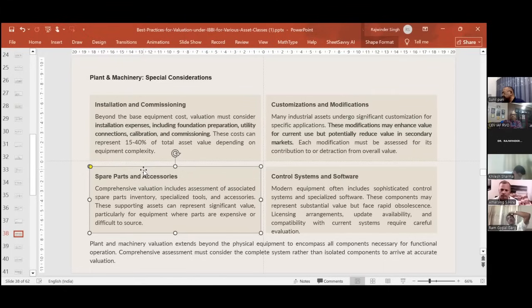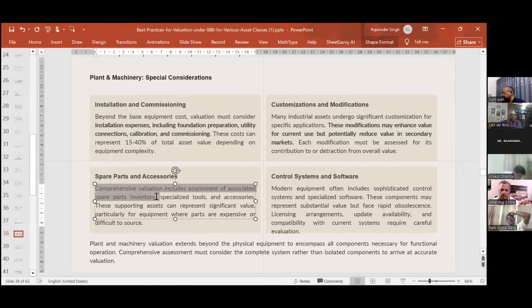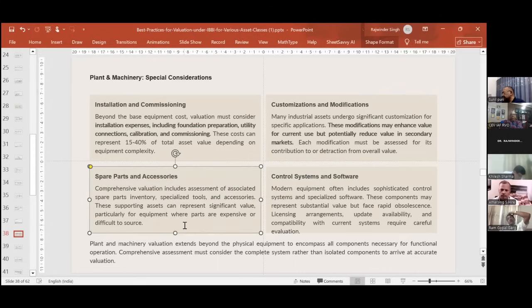So you must take into consideration the assessment of associated spare parts, specialized tools for that particular plant, and the accessories. These supporting assets can represent significant value, particularly for equipment where parts are expensive or difficult to source.